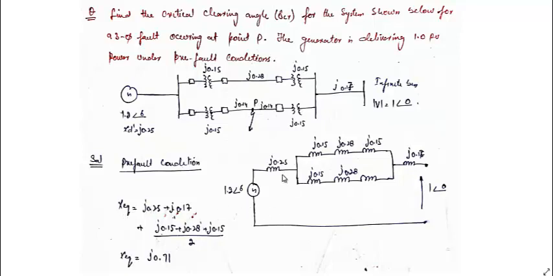X equivalent will be 0.25 plus 0.17 plus the parallel combination of the rest: J0.15 plus J0.28 plus J0.15, divided by 2. So the equivalent reactance between this point and this point is J0.71.